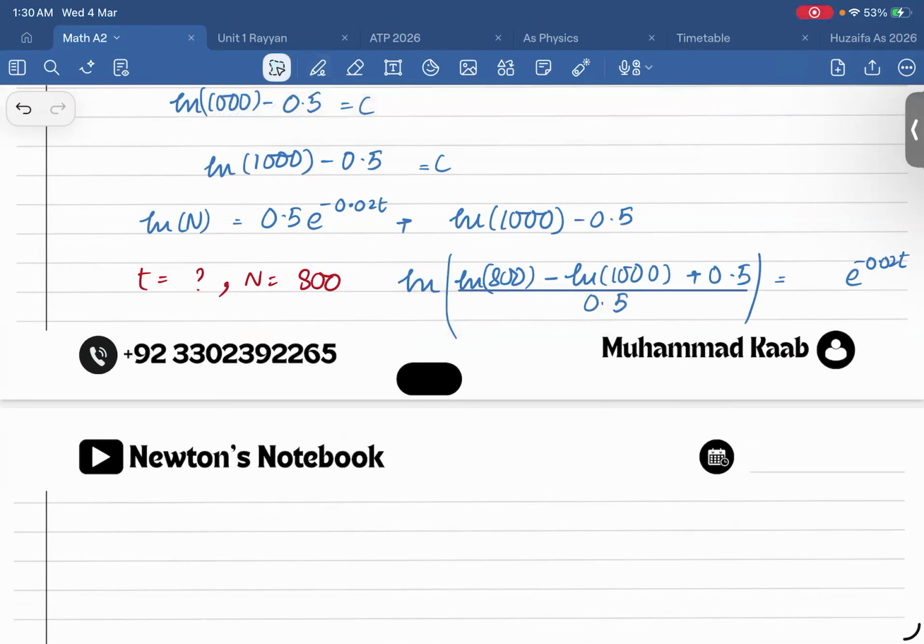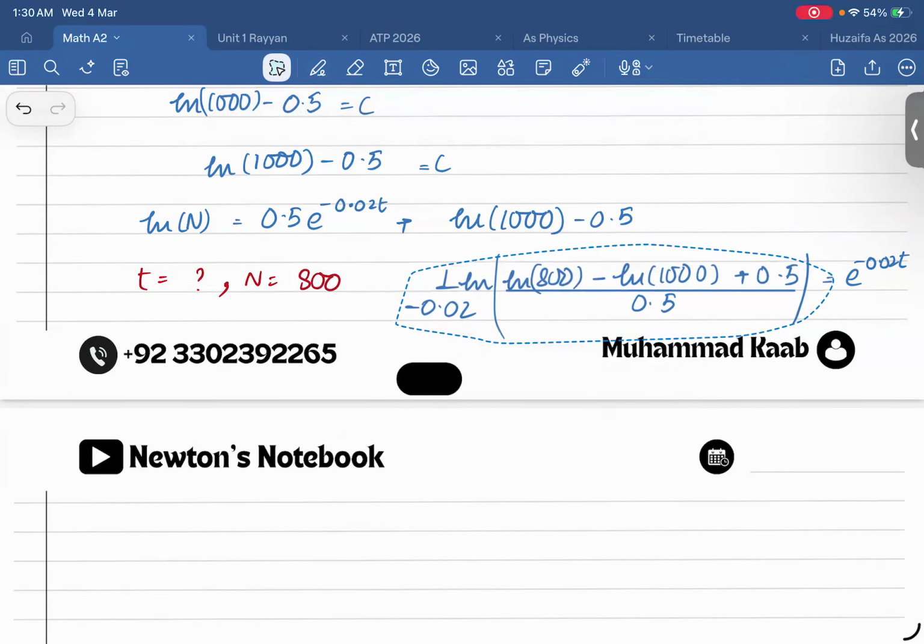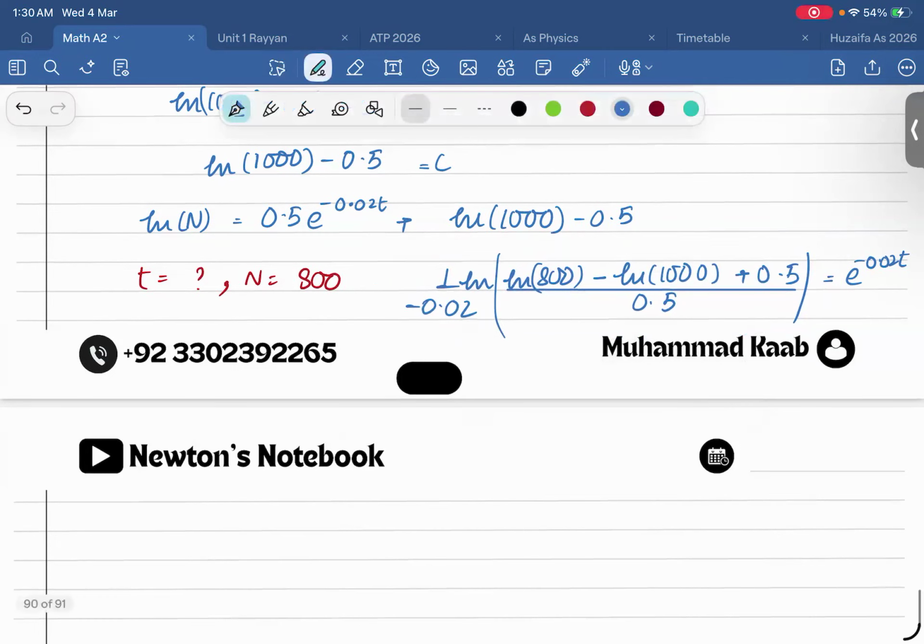The exponent with the e basically goes off, and what you have to do is 1 over 0.02 with a negative sign. Clear? So this is what you have to do. And then this is your t. So t is coming as 29.5.